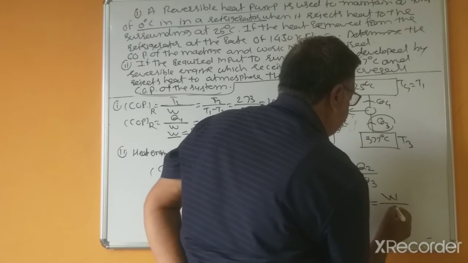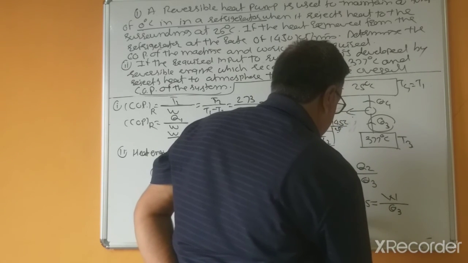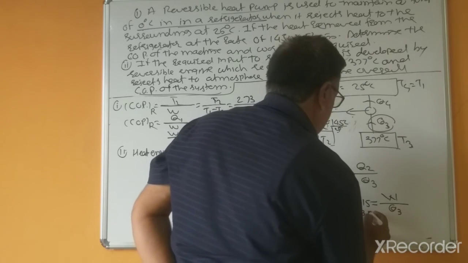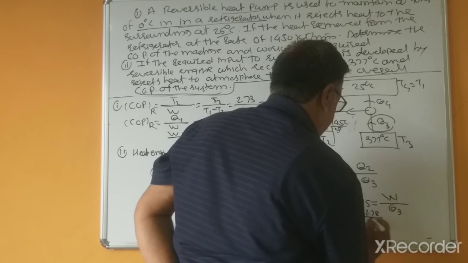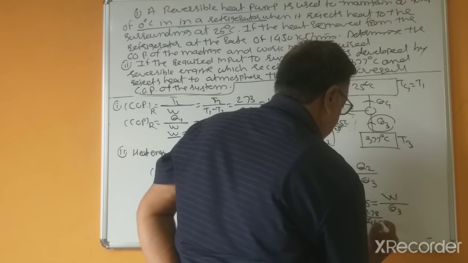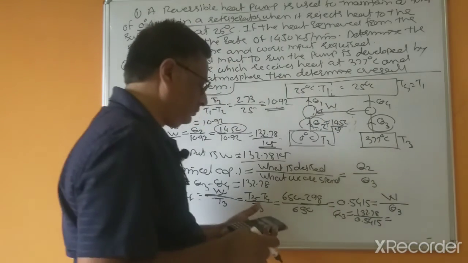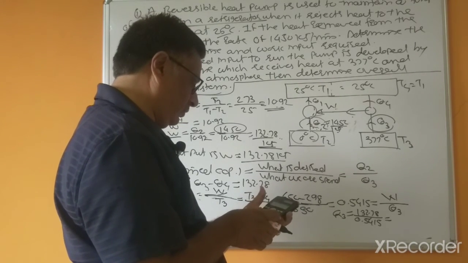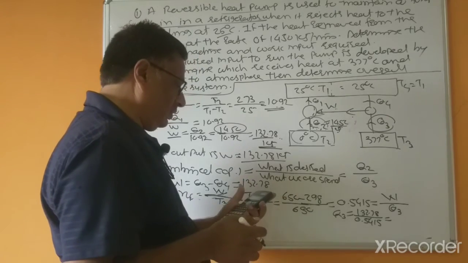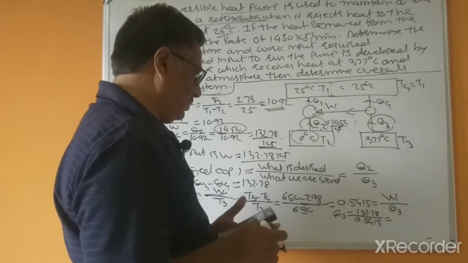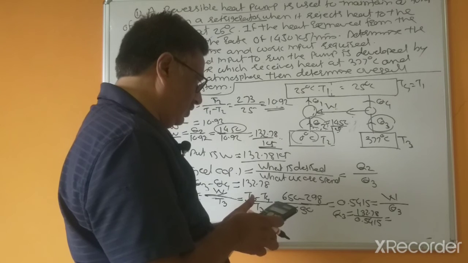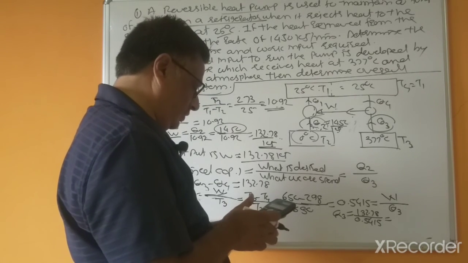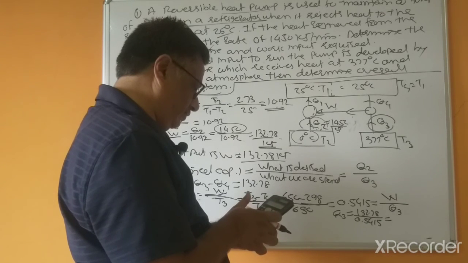Because this is a heat engine, what is output? Work done, and what are we spending? Q3. So Q3 equal to 132.78 divided by 0.5415.